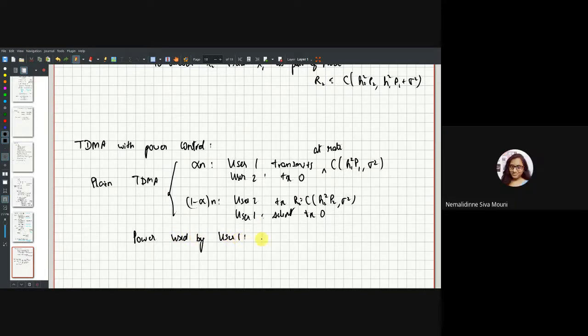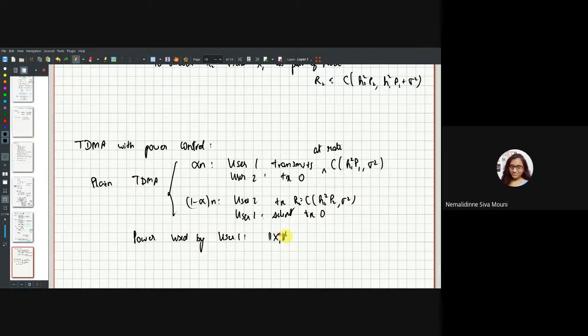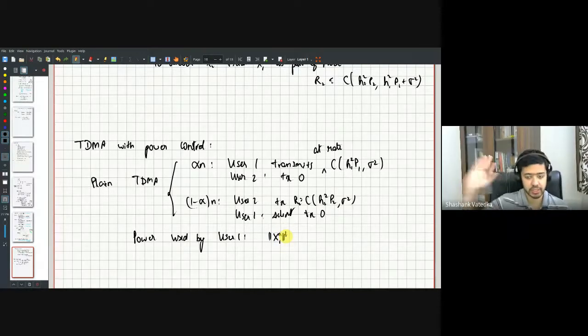P1. Are you sure? By that I mean, what is the norm of x1? In our assumption, we have taken P1, right? No, that is the power constraint. So you have to satisfy the power constraint. But how much power is actually being used by user 1?